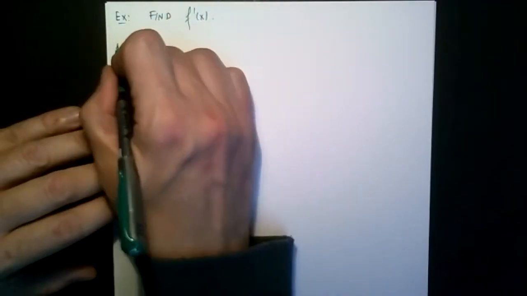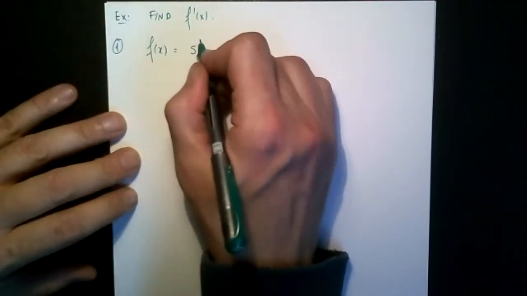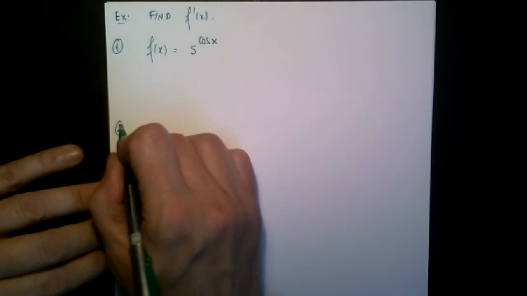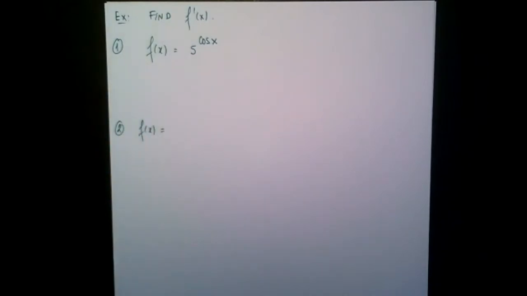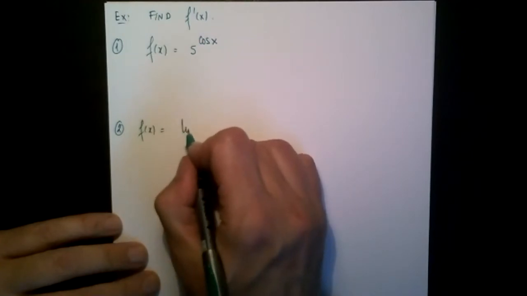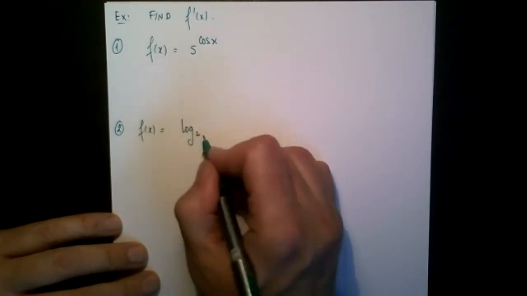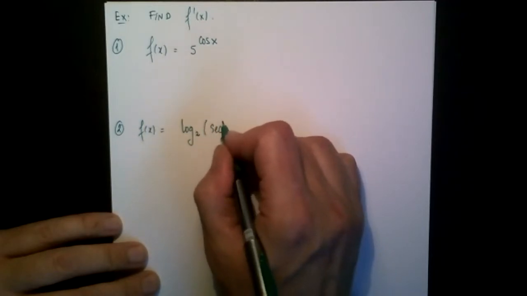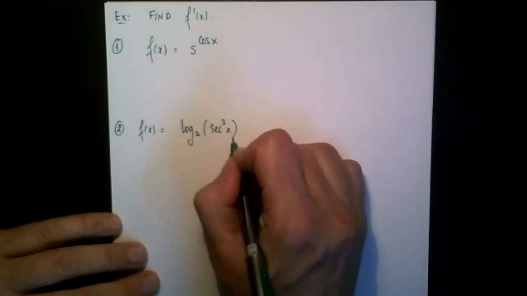All right, so example. Find f prime of x. First of all, let's say f of x is 5 to the power of cos x. Second, f of x is log in base 2 of, let's say, secant cubed x.